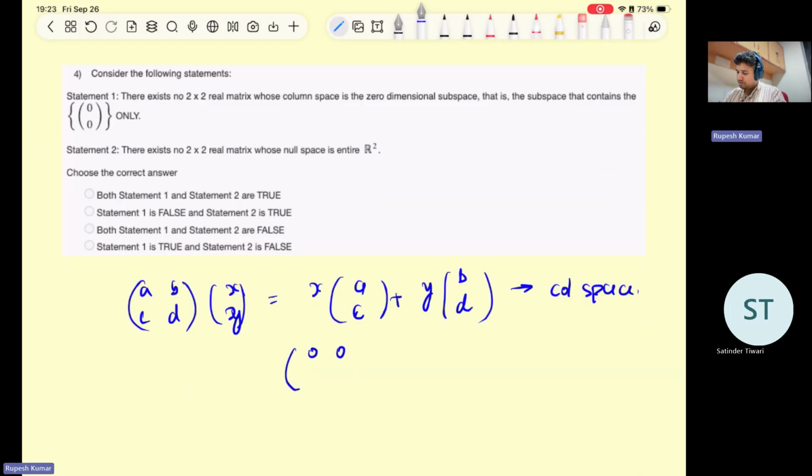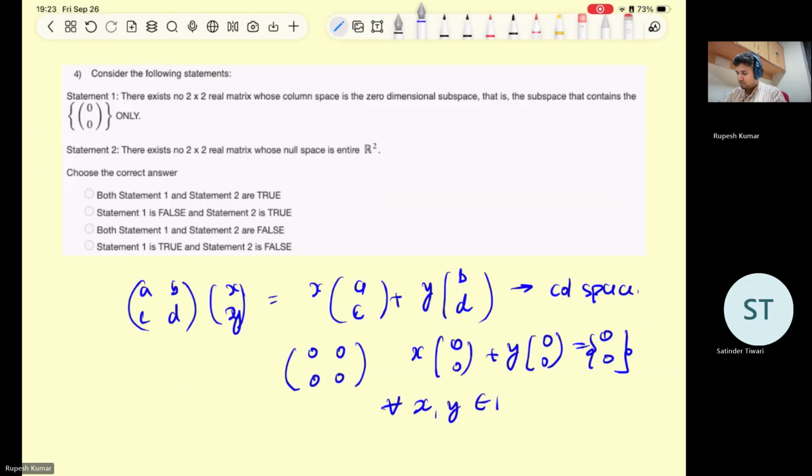Can you think of this matrix? The (0, 0) matrix, for all x and y. Is this clear?